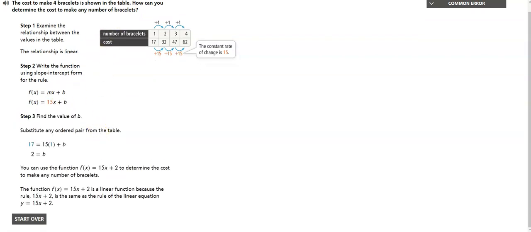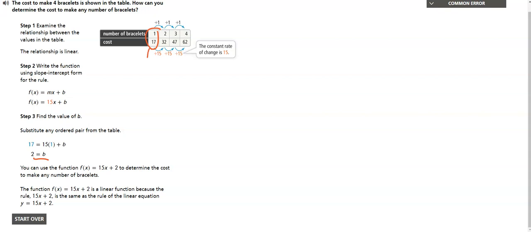Just like in our last topic, we're going to do some substitution in order to find b. They took the ordered pair here, 1, 17, and replaced them for x and y, or f of x. When they solved that, they got 2, which means that b is 2.